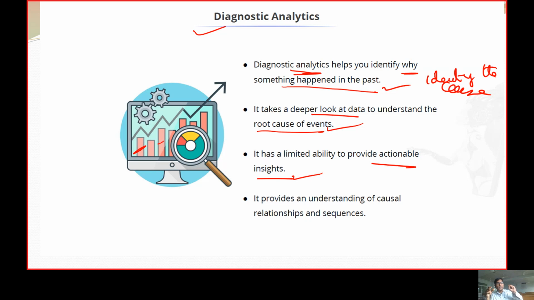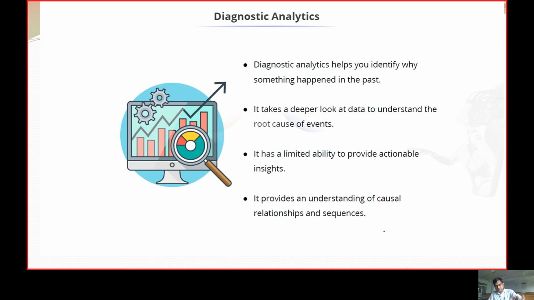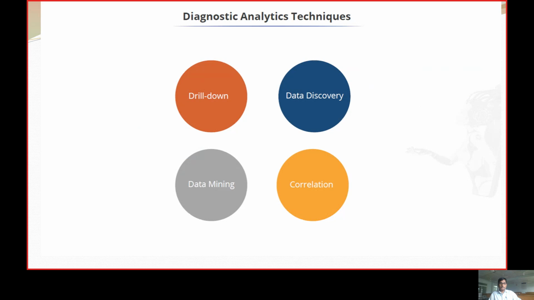For that we make this diagnosis analysis. Similarly, it helps in understanding causal relations and sequences. You can identify up, down, up, down. In this way, we are able to find causal relations or patterns in the data, which are also diagnosed. Fine.